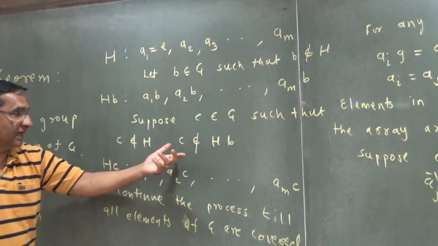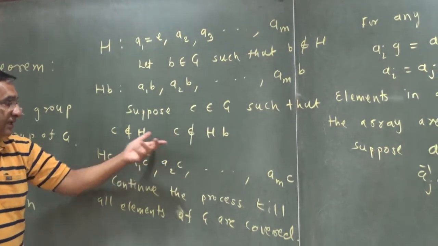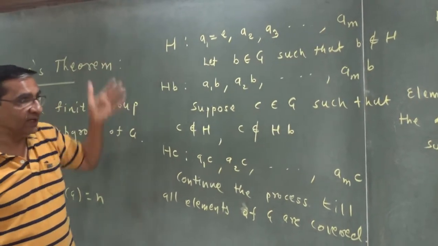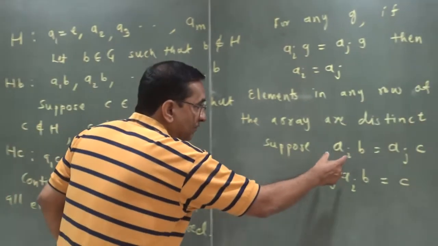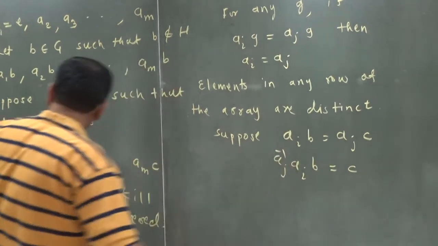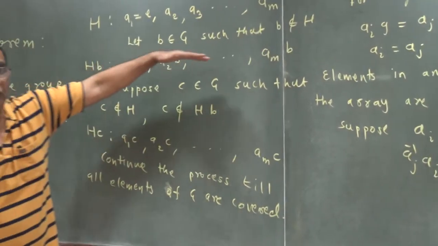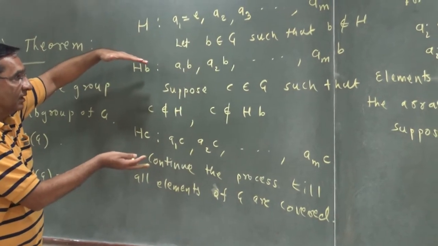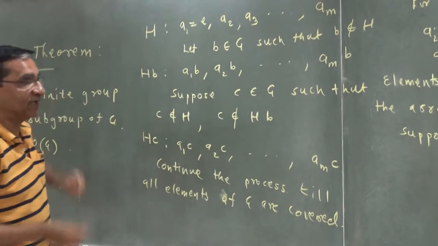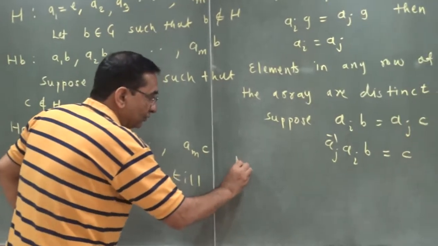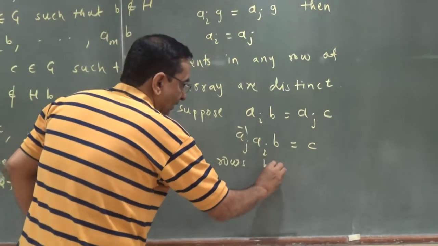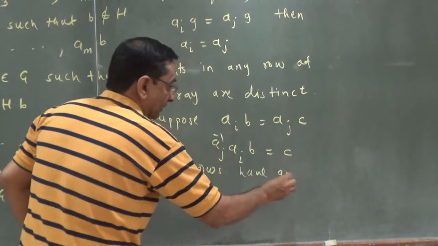We have taken element C which is not appearing in previous rows in that array. So it cannot happen that some element in one of the rows is equal to some other element in the other row. So no two elements are common. No two rows have an element in common.